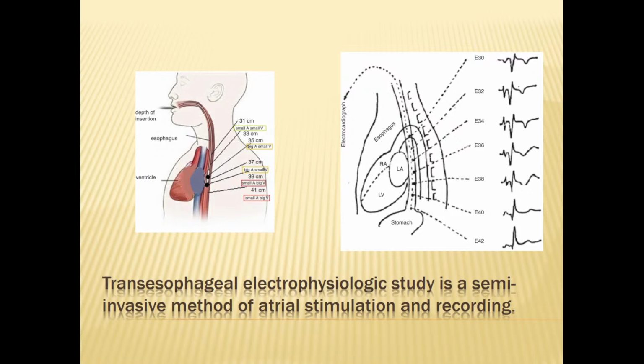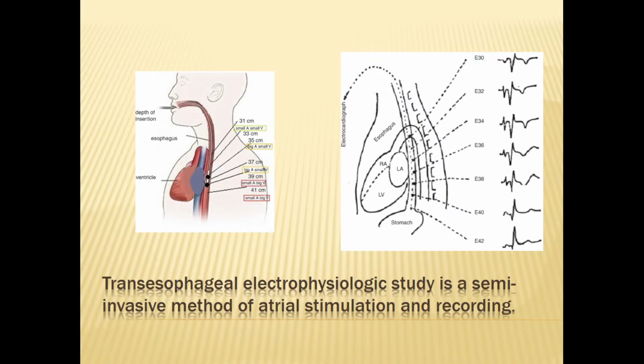And in the right picture, you can see the ECG. In the upper ECG, you see a near-normal P wave because the tip of the electrode is far from the atrium. At a depth of 32 centimeters, the P wave is higher, and it has another appearance, called the RA wave.